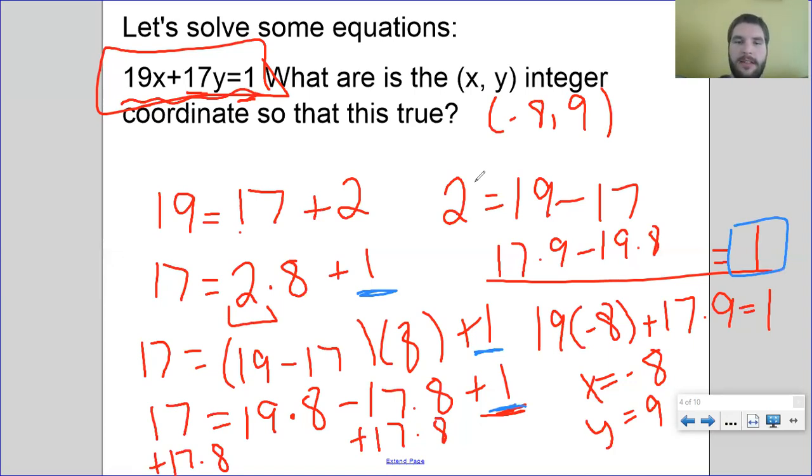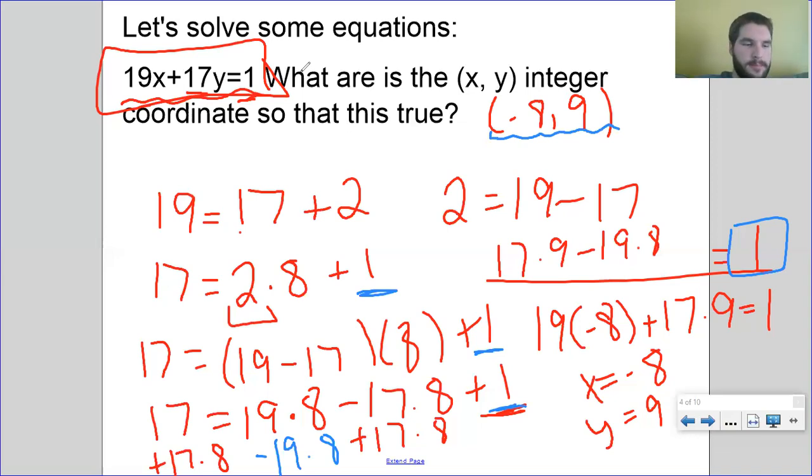So I added over the 17 times 8, and then I subtracted over the 19 times 8, and then I had 1 isolated by itself. And so I get this coordinate. And this is a solution.